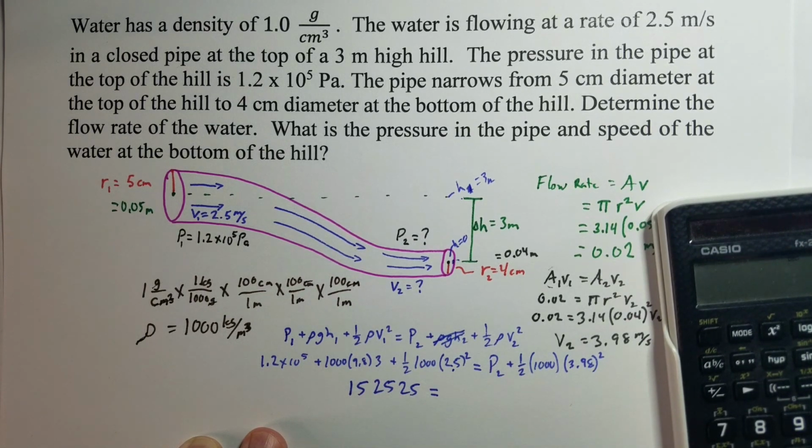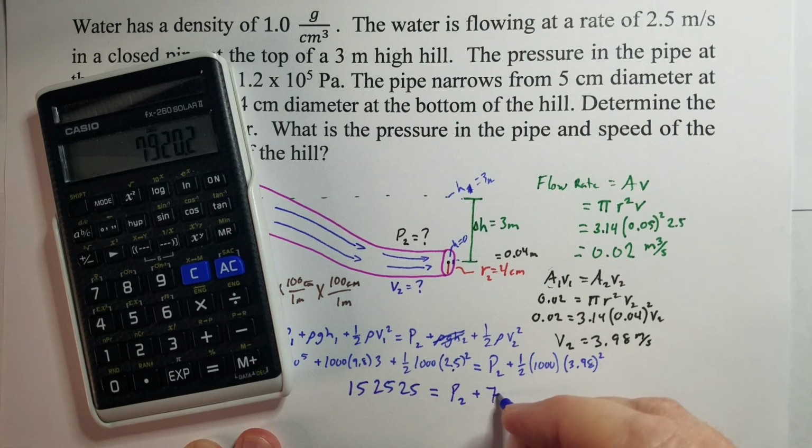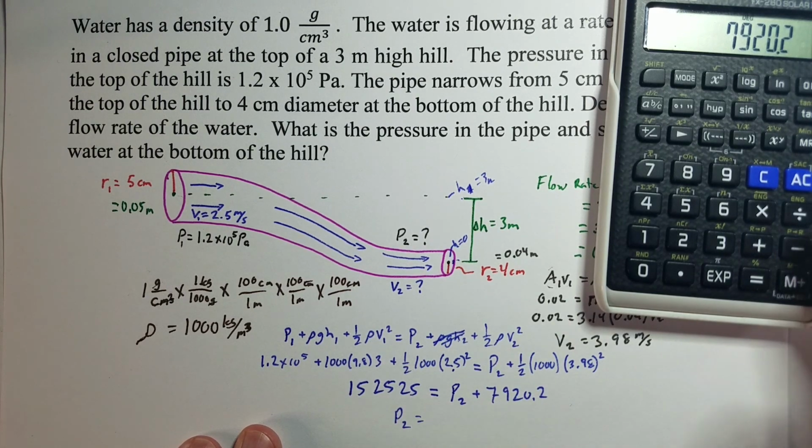So that's 500 times 3.98 squared, and so that becomes, let's see, P2 plus 7920.2. And then we just move that over and subtract.